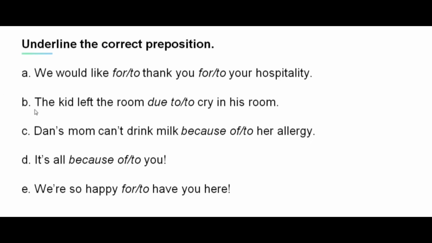B. The kid left the room due to or to cry in his room. C. Dan's mom can't drink milk because of or to her allergy.